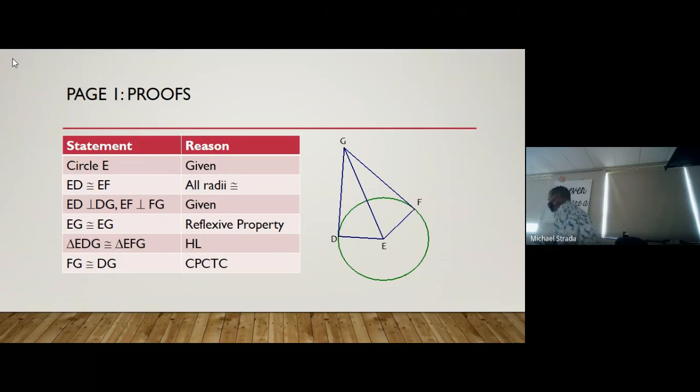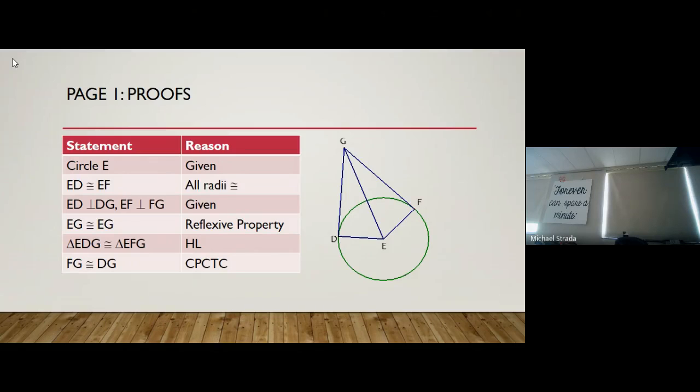Some of the things you need to keep in mind as you go through these. If you're just jotting down the answers, please don't. I'll have it up momentarily. Try to understand what we're looking for when we do a proof. Obviously, you're looking for radii, because all radii are congruent.